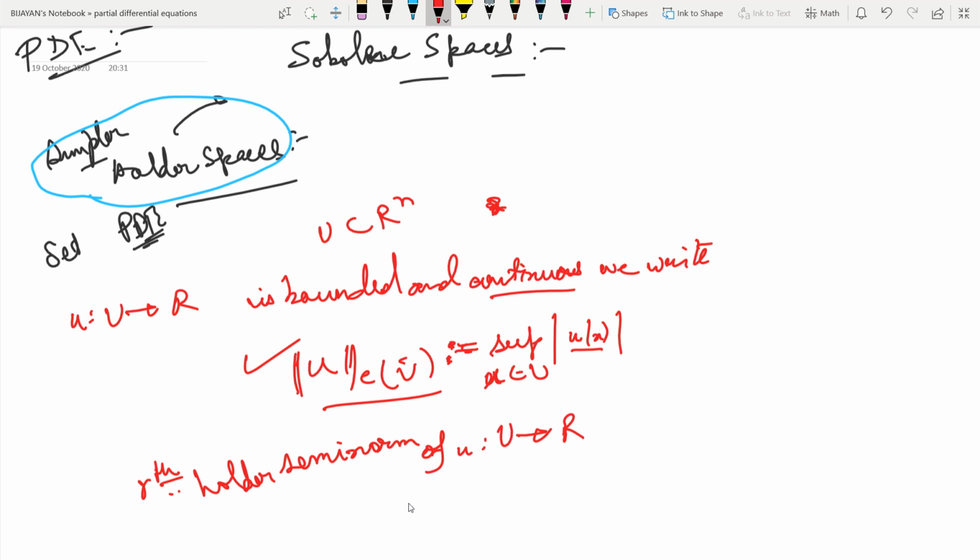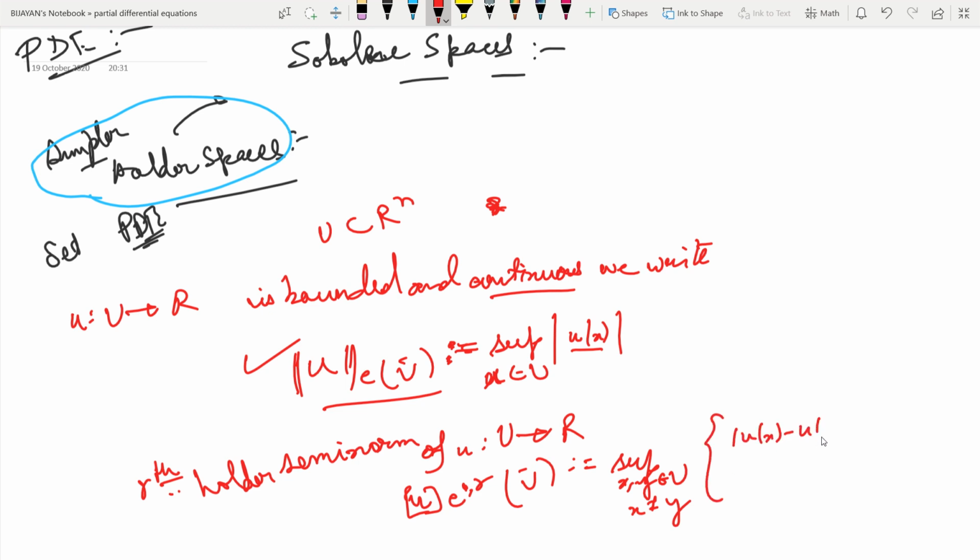Let us see. The seminorm [u] in C^{0,γ}(Ū) is equal to the supremum over x, y belonging to U, x not equal to y, of |u(x) − u(y)| divided by |x − y| to the power γ.